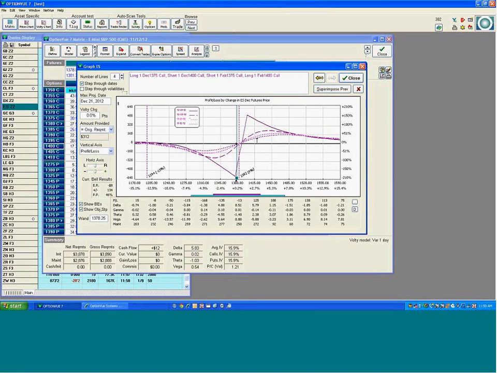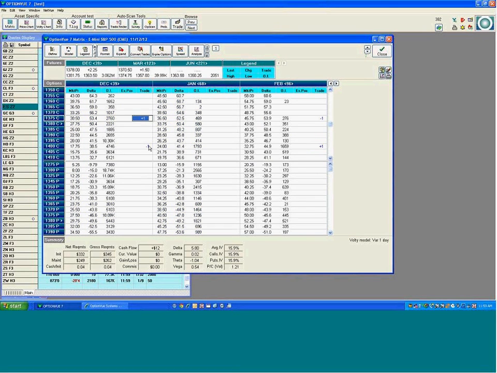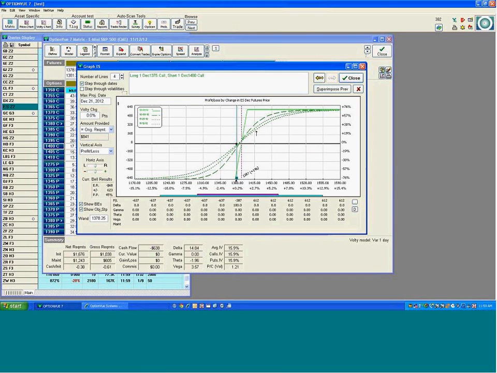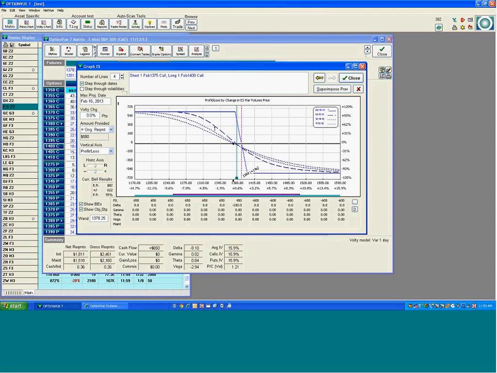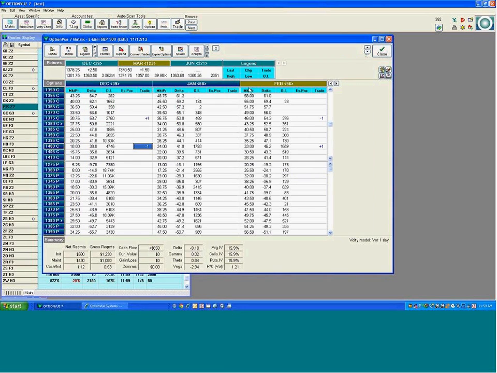And depending on the strikes you choose, you can have a directional trade with little volatility impact and little negative time decay, much better than just a straight bull call spread, because the bull call spread is going to have more negative time decay. The spread in the deferred month is going to give you a little bit of positive time decay to offset the negative time decay on the front month.